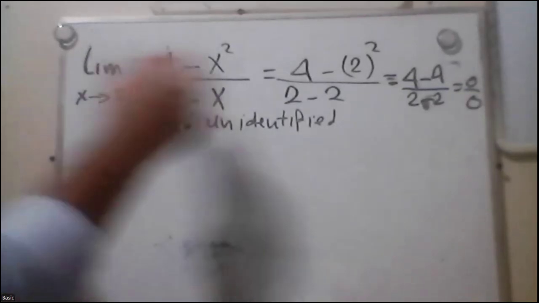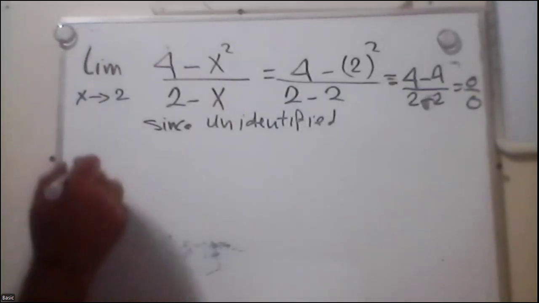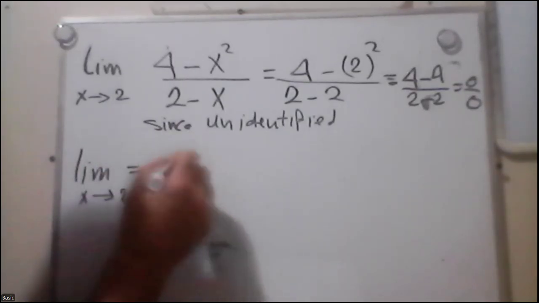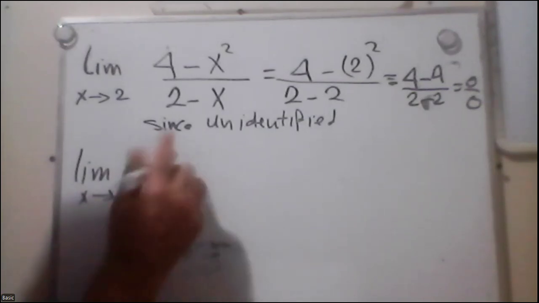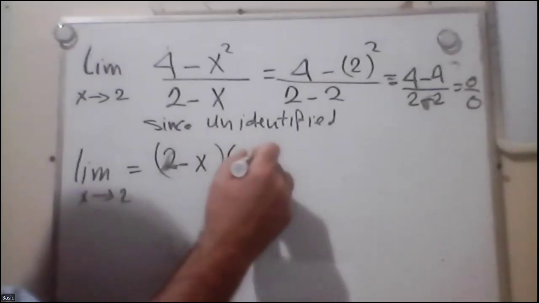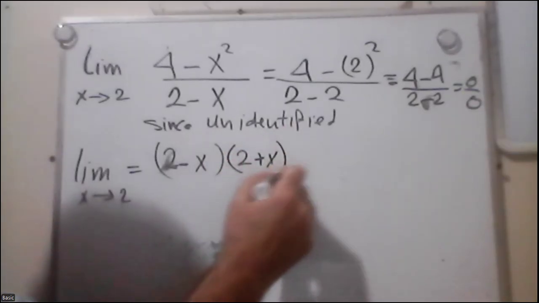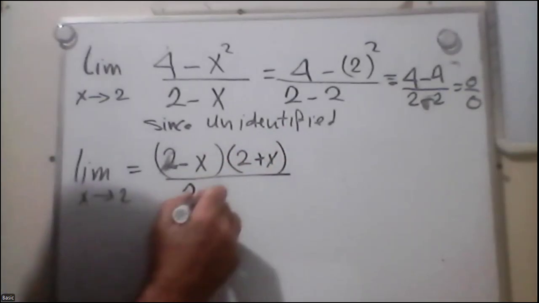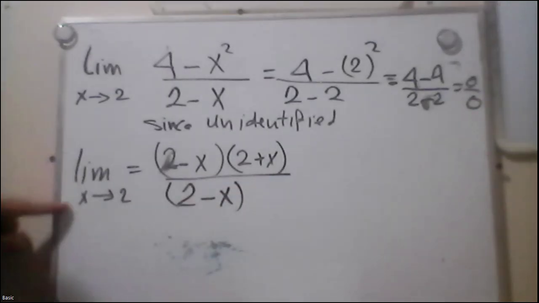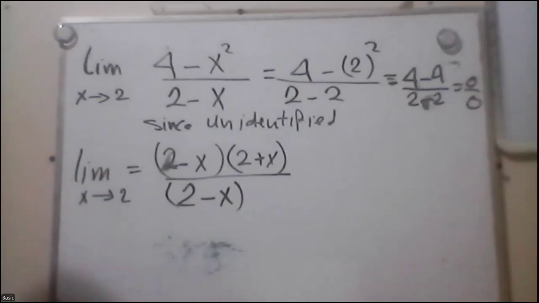So 4 minus x squared will equal, in the limit as x approaches 2, 2 minus x multiplied by 2 plus x, and this is divided by 2 minus x. I cannot substitute like this because I still have a problem.